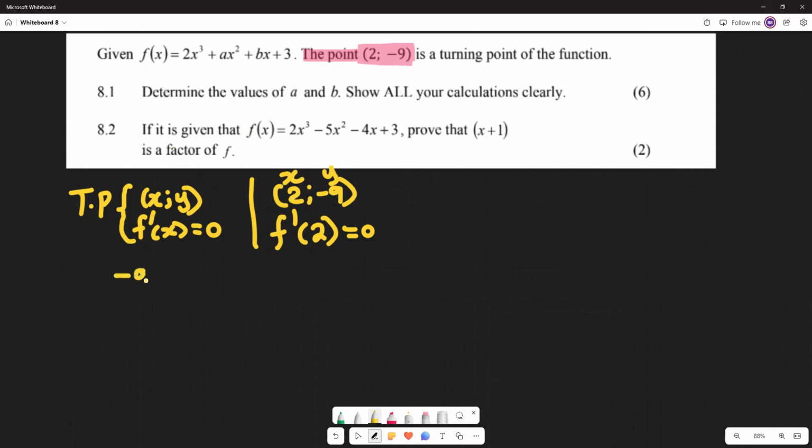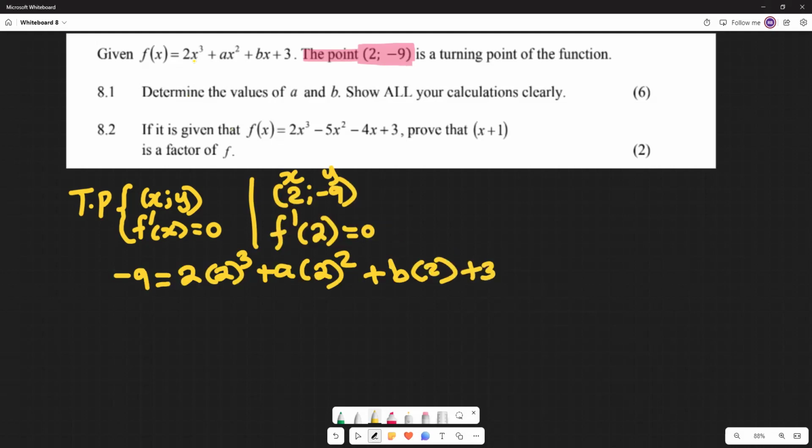So we have -9 equals 2 cubed plus a 2 squared plus b 2 plus 3. So you can see that I replaced all this x with a 2, and then I replaced this with -9.